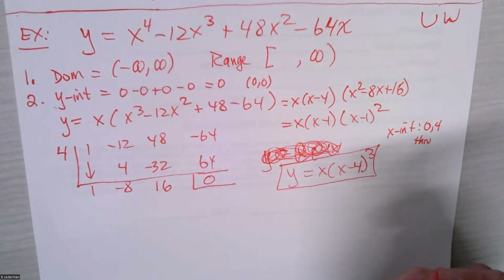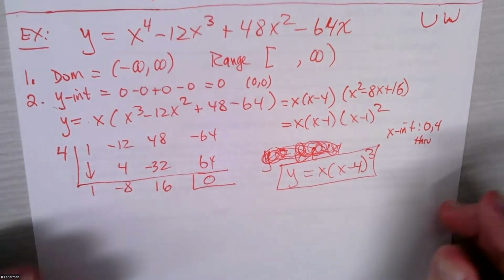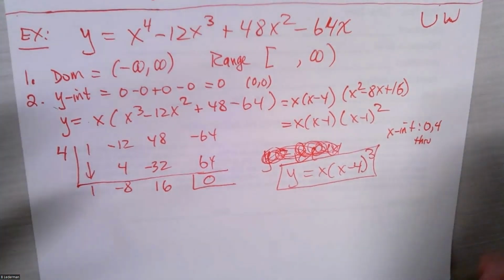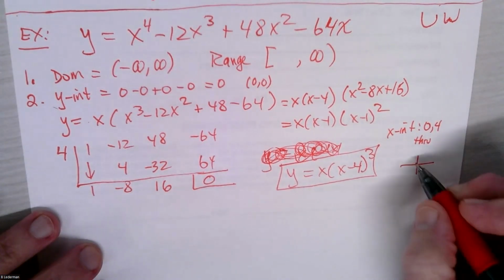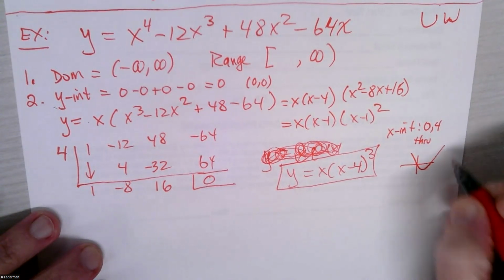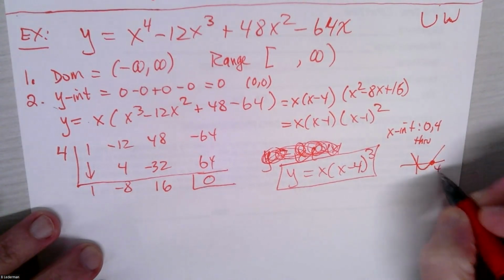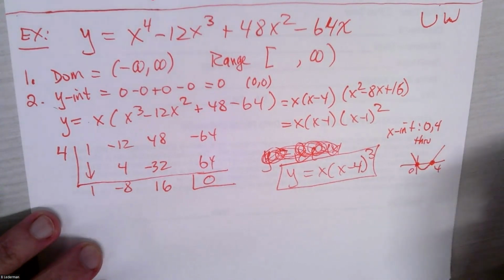Which means that, very roughly, the function is going to come down here. And that's going to be 4, and that's going to be 0.